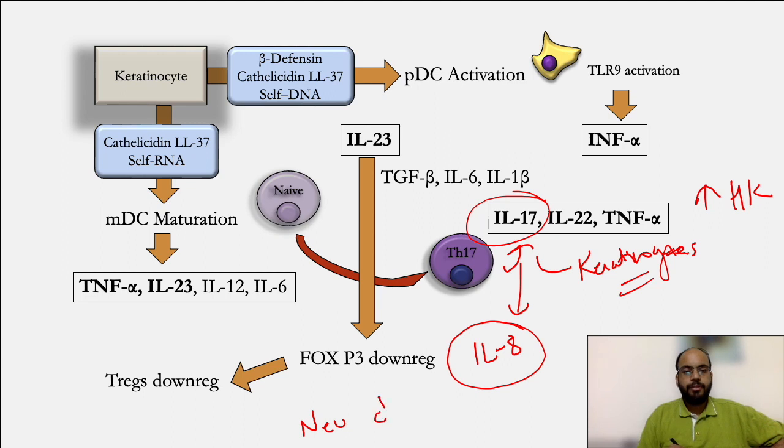So it's a neutrophilic attractant, that means it will attract neutrophils from the blood vessels to the psoriatic plaque. So interleukin 17 is calling neutrophils, it is making thicker keratinocyte plaque, and it is increasing interleukin 8, which is further calling neutrophils. Th17 cells are also secreting TNF alpha.